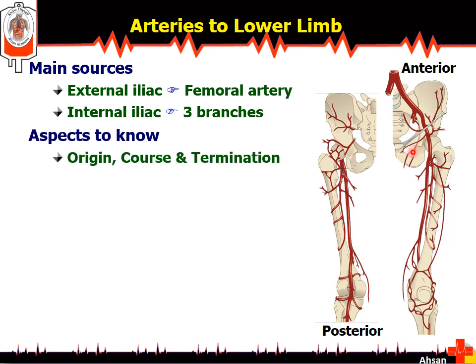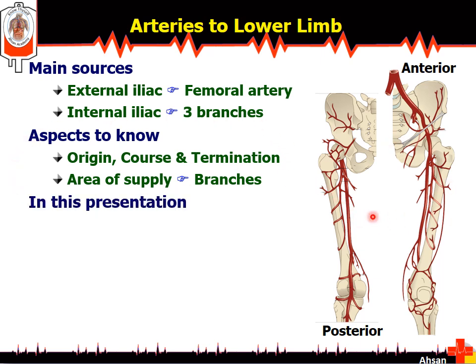So general aspects we should consider for each artery are the origin, course, termination, and branching. Through the branching, it actually supplies the structures. So anatomically, this aspect should be known clearly. In this presentation, I'll cover the femoral artery and the popliteal artery portion and the three branches of the internal iliac artery.